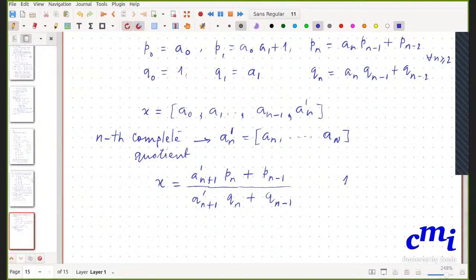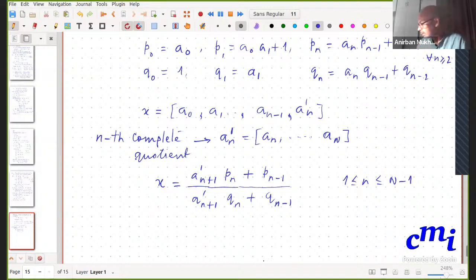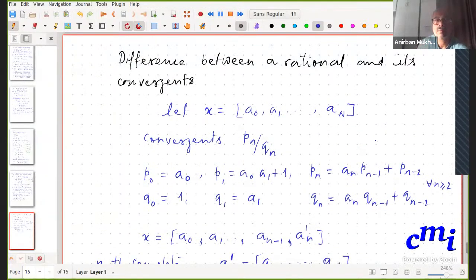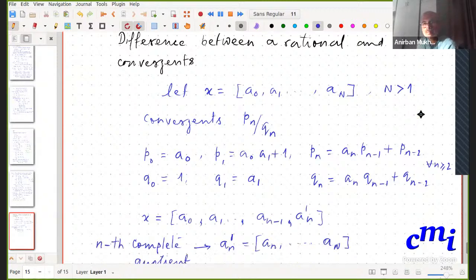So An plus 1 dash is the n plus 1th complete quotient. This we can do for 1 less than or equal to n less than or equal to N minus 1. Okay, so we would also suppose that n is greater than 1, so at least 2.